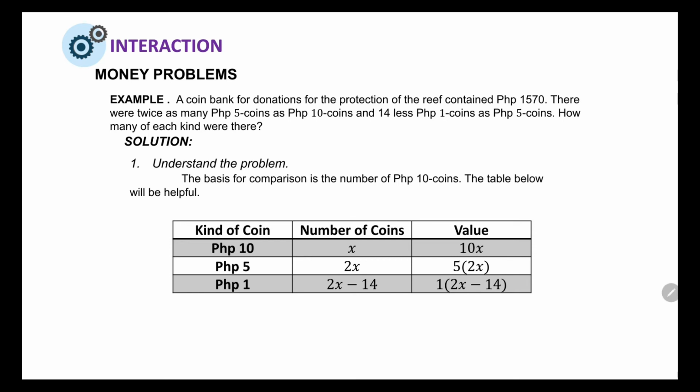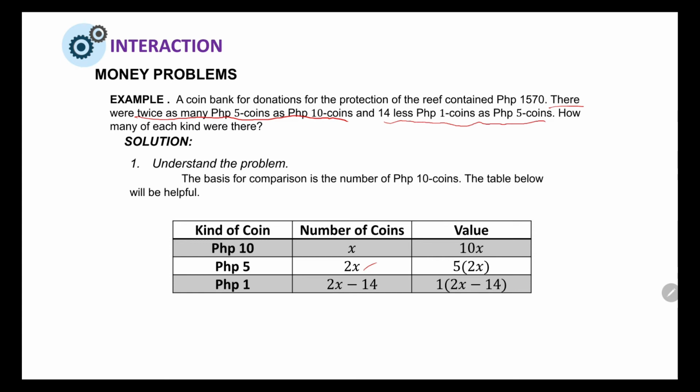The number of 5 peso coins will be represented by 2x, because it says here that there were twice as many 5 peso coins as 10 peso coins. That's why it's 2x. And for 1 peso coins, it says 14 less 1 peso coins than 5 peso coins. So we have 2x minus 14.